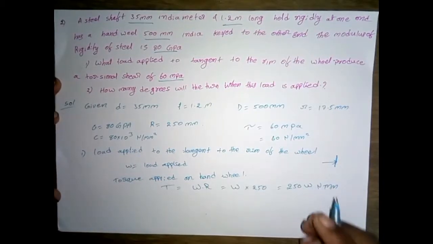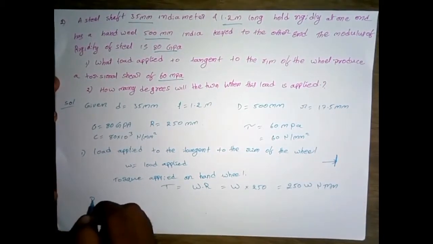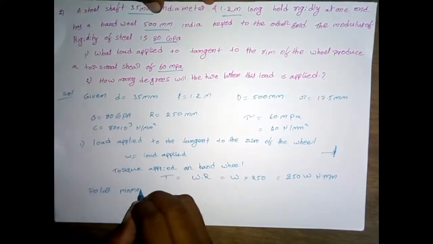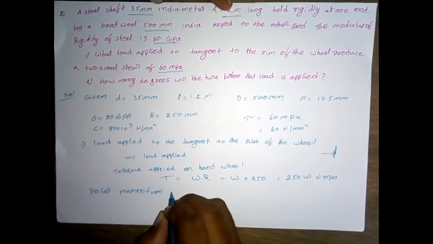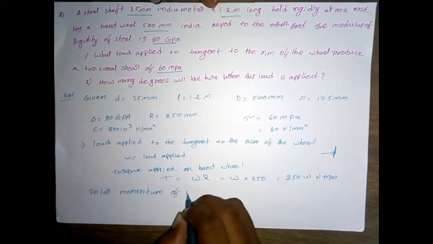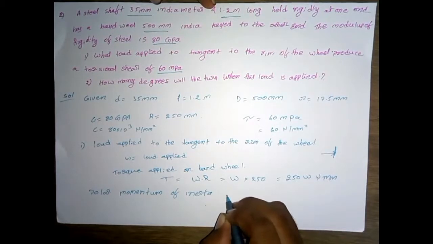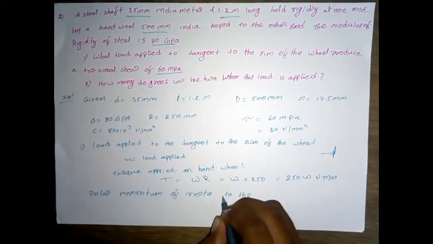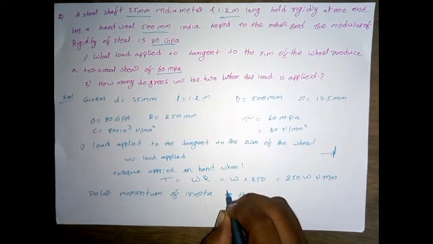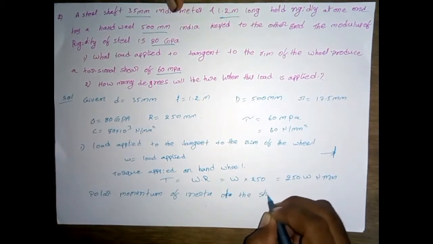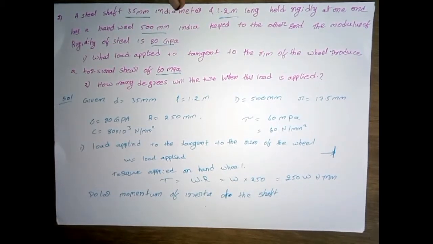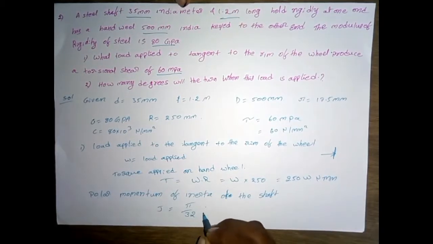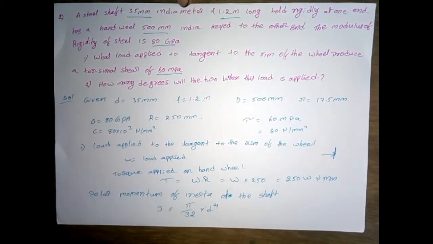Okay, next, the polar moment of inertia of the shaft, that is J is equal to pi by 32 into d power 4.